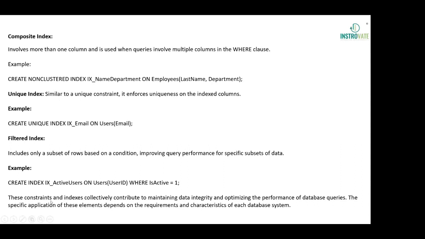So these constraints and indexes collectively contribute to maintaining data integrity and optimizing the performance of database queries, and the specific application of these elements depends on the requirements and characteristics of each database system.